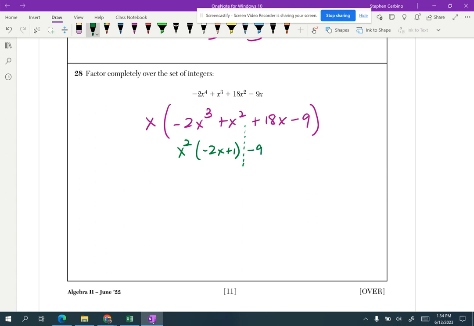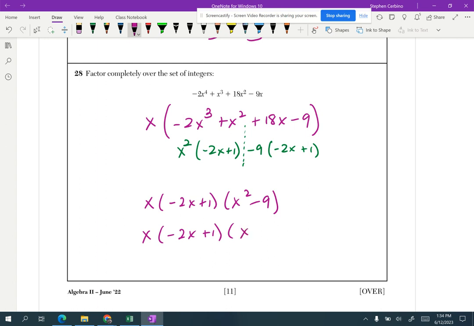So I'm going to take out negative 9, give me negative 2x plus 1, meaning my factors so far are x, negative 2x plus 1, and x squared minus 9. And I can still factor our good friend difference of two squares. That's going to become x plus 3 and x minus 3.